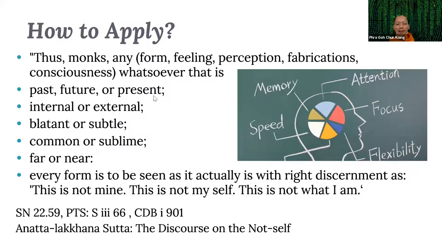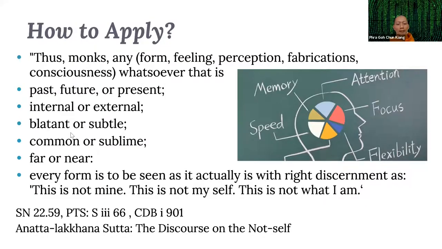So in any case, when you think of past, future, or present, you need to apply the right thoughts, non-greed and non-hatred. So in our case, loving kindness and impermanence. Internal or external. We give an example: internal, you can think of your body, or external, any object outside, when you observe your senses.